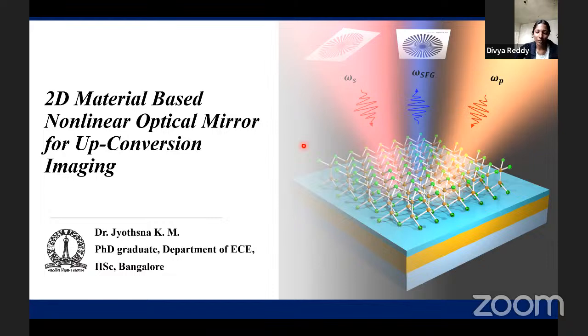She studied nonlinear processes such as four-wave mixing, two-photon absorption, two-photon photoluminescence, and harmonic generation in thin film, quantum dot, and metasurface nanostructures.